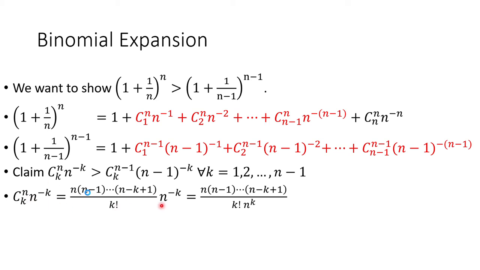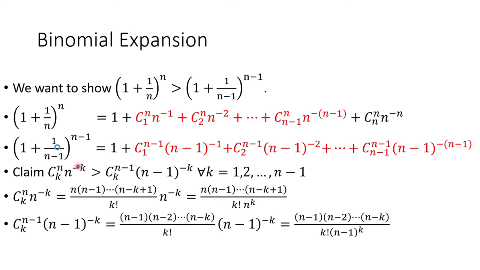The n^(-k) can move to the denominator, so it becomes n^k. Similarly, we can expand C(n-1,k), which is equal to (n-1)(n-2) to (n-k) divided by k factorial, times (n-1)^(-k), and (n-1)^(-k) moves to the denominator, so it becomes (n-1)^k.